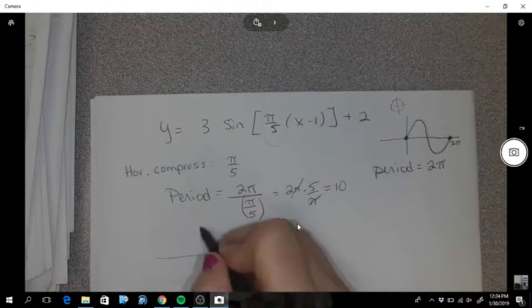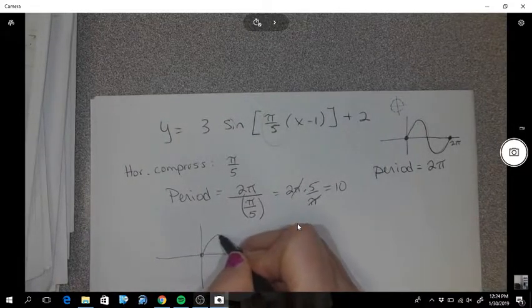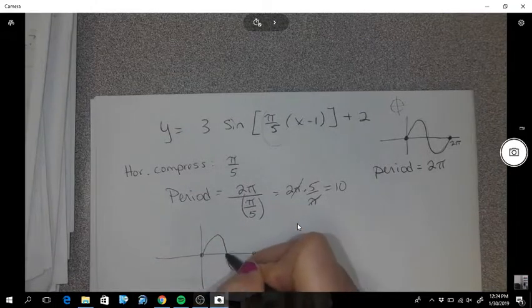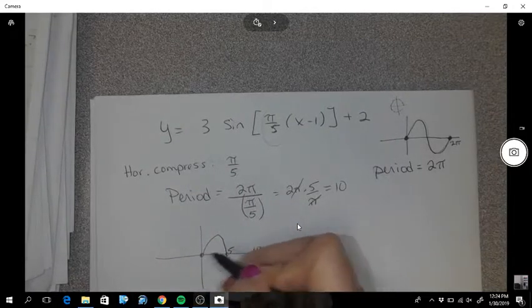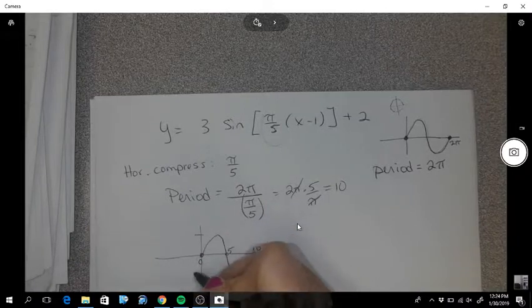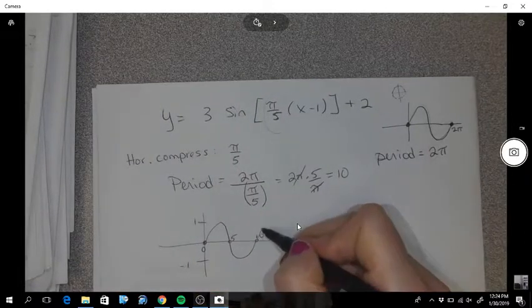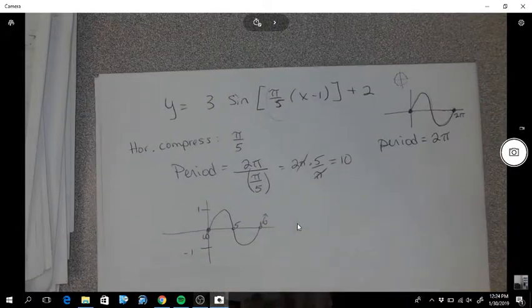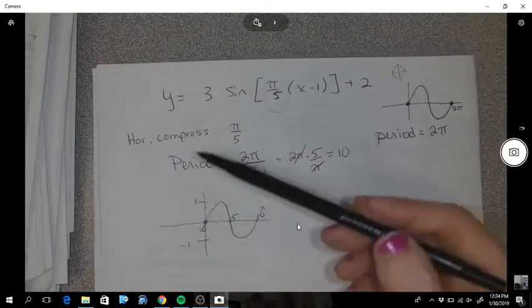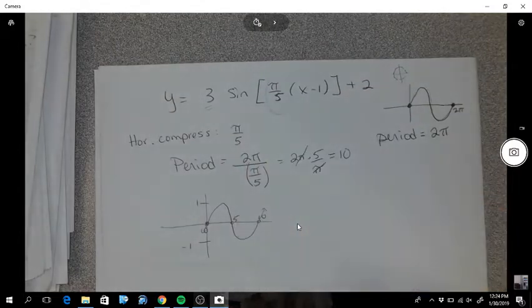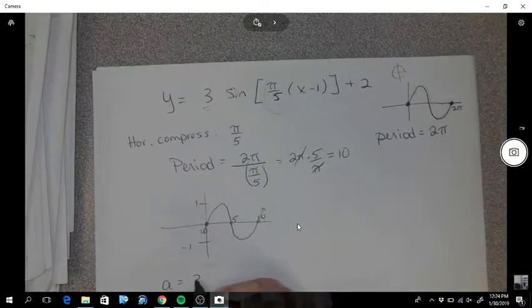So now how does that change my sine graph? It means that that's a 5 and that's a 10 on the x. Okay, so that's what I have right now. Okay, now let's talk about this 3 value. So A is 3.